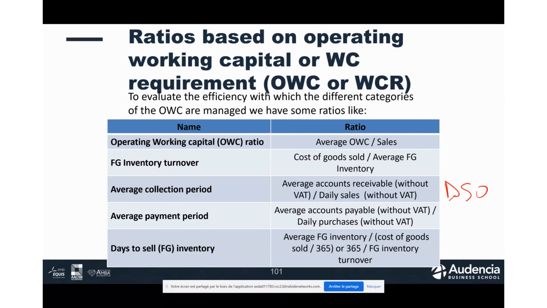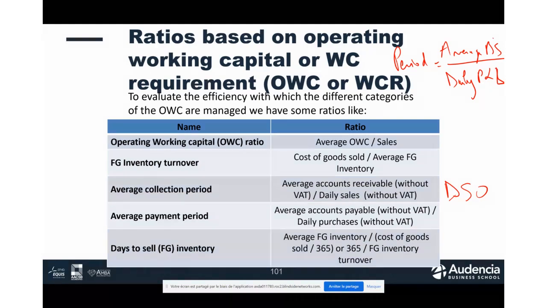So when we calculate a period, we want something from the average balance sheet divided by something from the daily P&L. So balance sheet divided by P&L. So for instance, for the days of sales outstanding, we divide the average accounts receivable by the daily sales revenue.